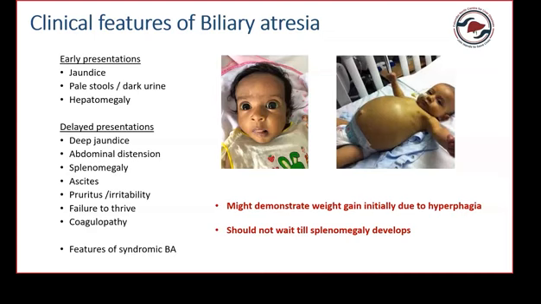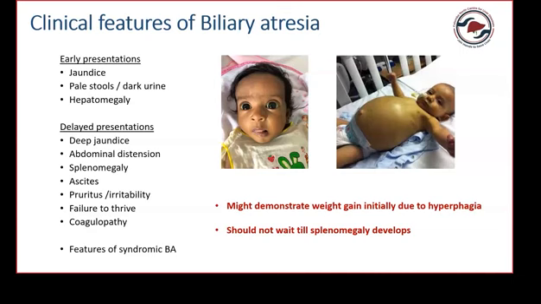In delayed presentations, the baby will be deeply icteric, abdominal distension will be there, and splenomegaly will be apparent. I would like to highlight: do not wait for the splenomegaly to occur. If you think about biliary atresia then, that would be late. If you suspect biliary atresia, absence of splenomegaly would not exclude it. If you see splenomegaly, that is worrying. If you see ascites, that is worrying.